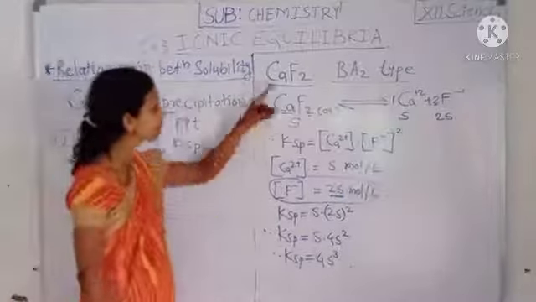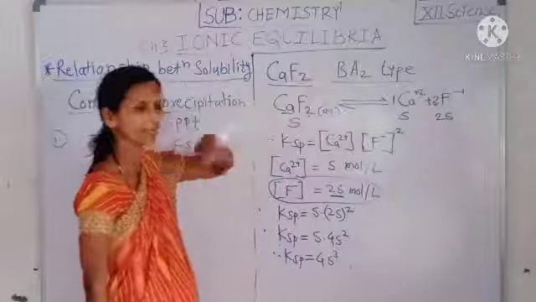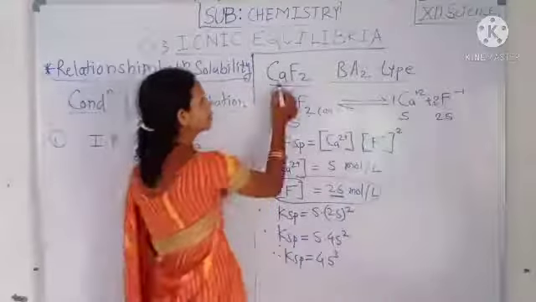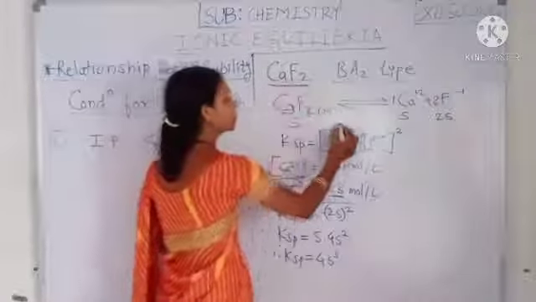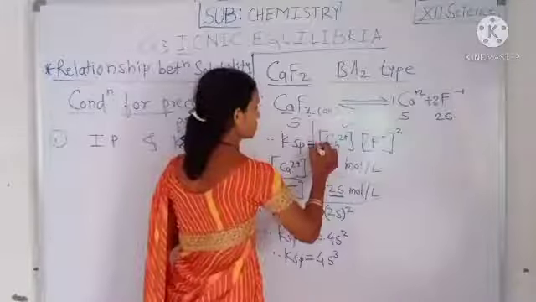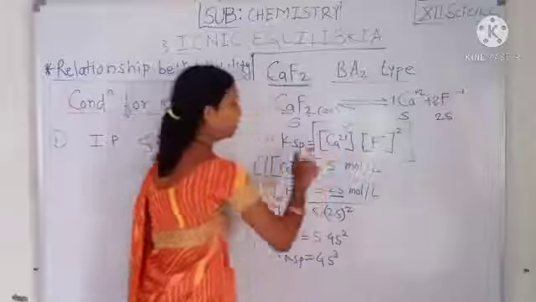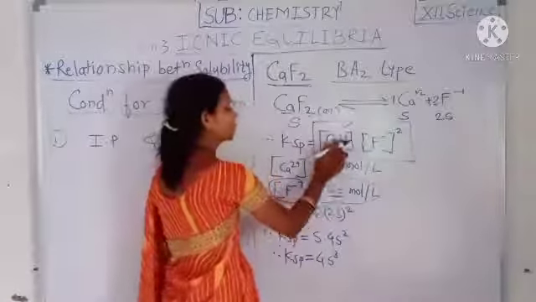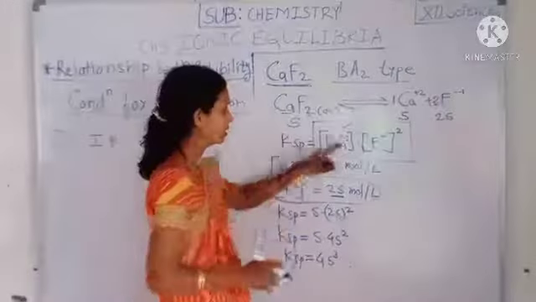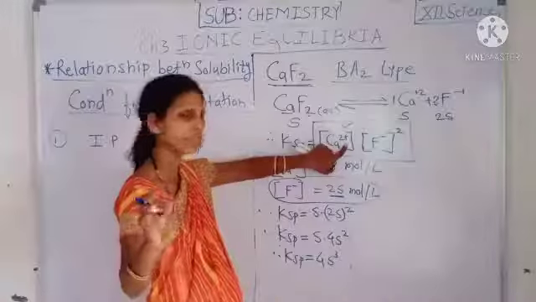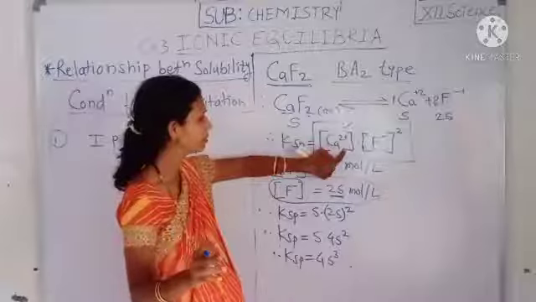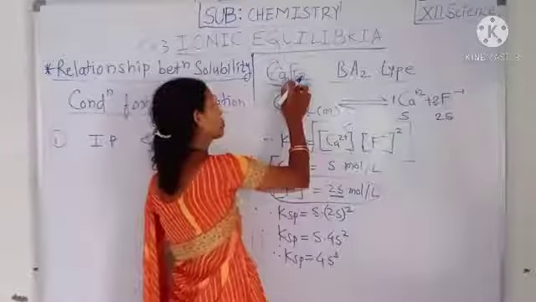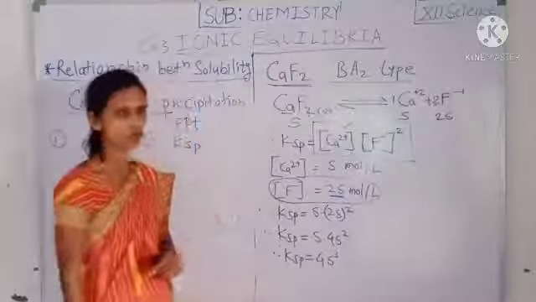See here, CaF2 is a sparingly soluble salt. Here the ionic product for CaF2 is this. If that ionic product is obtained at any condition, then that is the ionic product of the dissociated ions of the sparingly soluble salt.